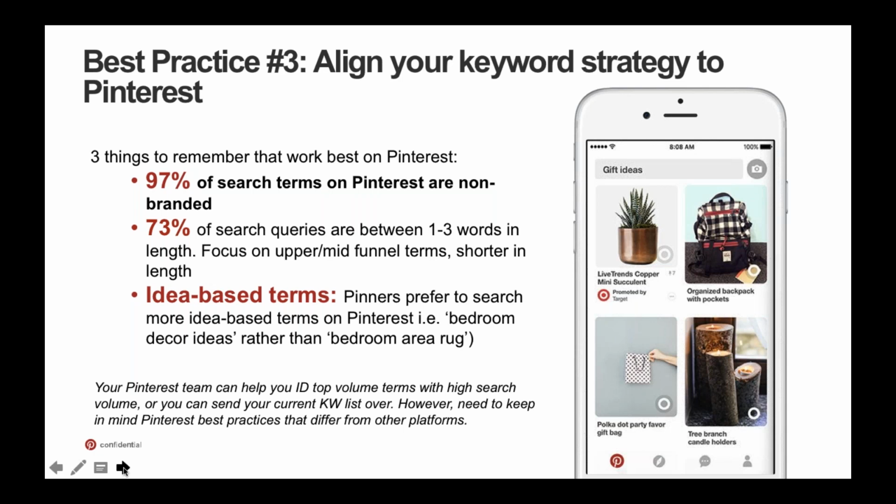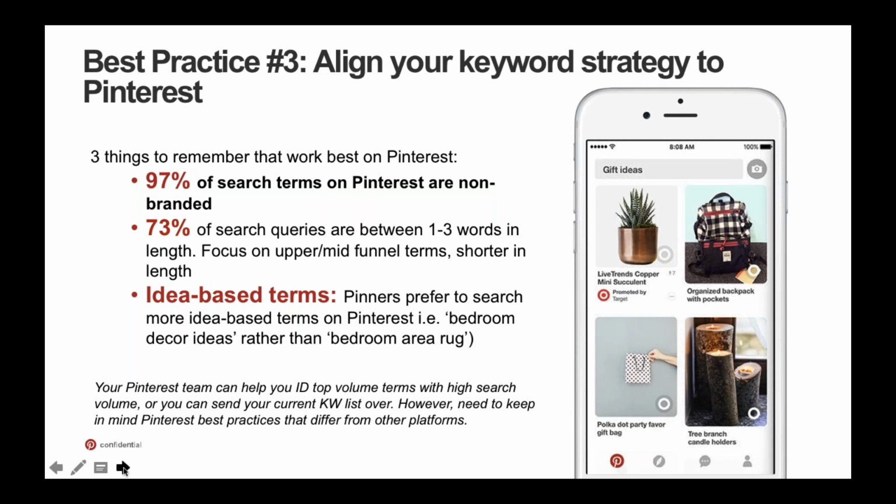On Pinterest, because the pins are visual, because they might be extremely relevant to what someone is searching, we actually do see conversions come through on very broad terms. So even though a term seems broad, only 1 to 3 words, upper mid-funnel, because someone has left that browsing mode and is now in search mode, there's still an intent behind what they're searching for, and we see those conversions come in on those kinds of shorter terms.